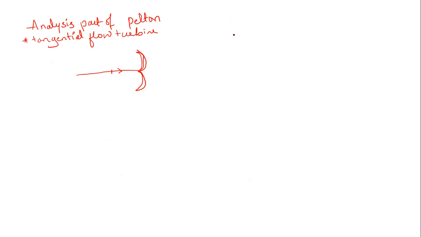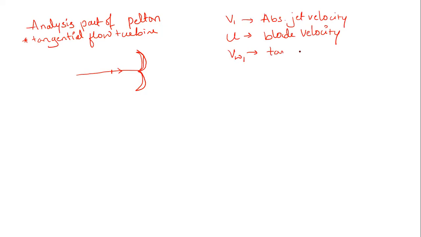This is V1, absolute jet velocity, U, blade velocity, VW1, which we said is the tangential velocity, VR1, relative velocity, VF, flow velocity.